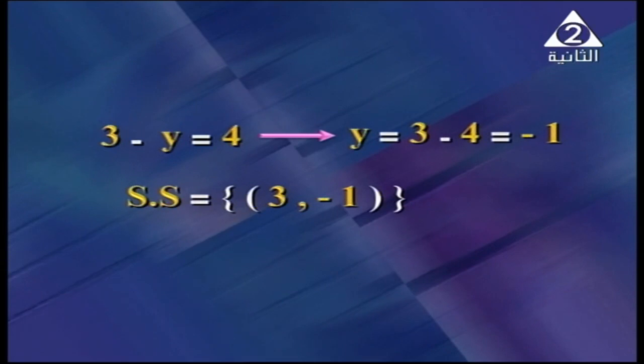Yes, to make a graph or to plot a graph, you must make two tables so as to draw the two straight lines. Then the first table will be when x equals 0, that's correct. The y will be negative 4. When x equals 1, y will be negative 3. When x equals 2, y will be negative 2.